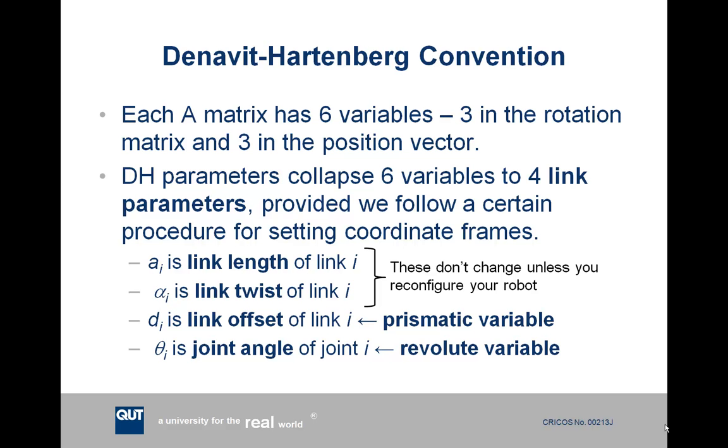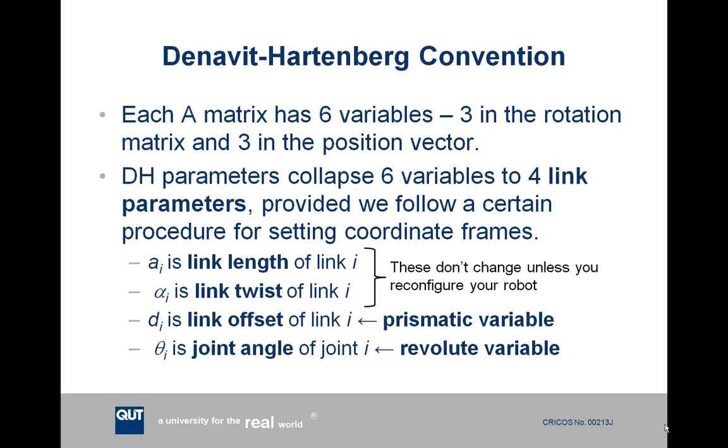And the 4 parameters for each link are a subscript i, which is the link length, alpha subscript i, which is the link twist, d subscript i, which is the link offset, and theta subscript i, which is the joint angle of joint i. So the first 2 parameters are generally fixed for a particular link.